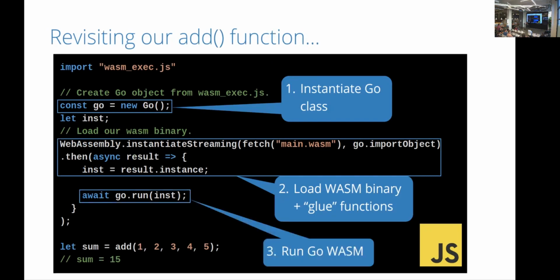We then call go.run on our loaded instance of WebAssembly code to execute it. And after the setup, we can now call our add function that we wrote in Go and compiled to WASM.